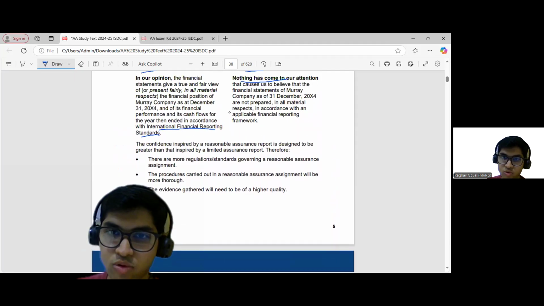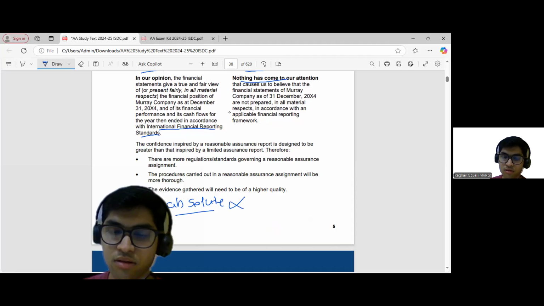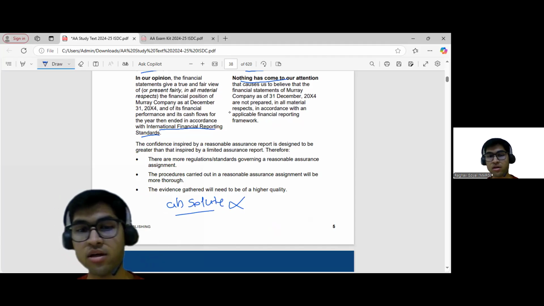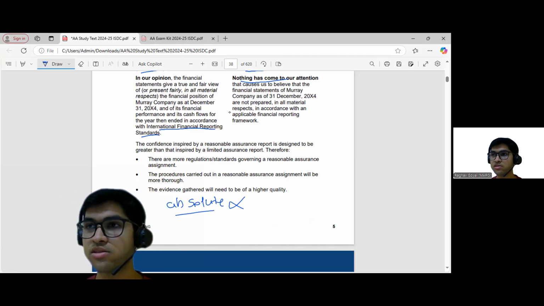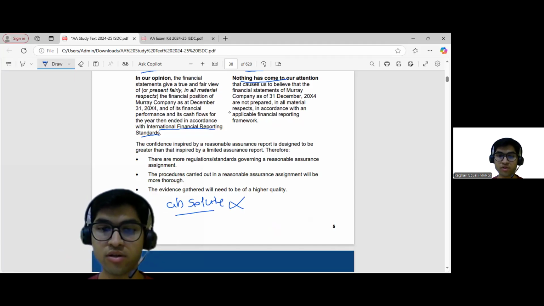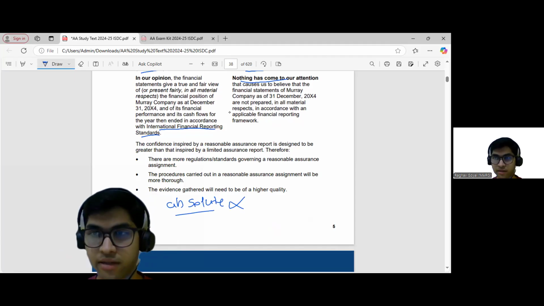So, the main thing to note here is that assurance engagements are never absolute. No auditor will give an absolute assurance over the financial statements or any other subject matter, because there is a chance that even after performing the substantive procedures and doing the test of controls, something or the other could be incorrect.